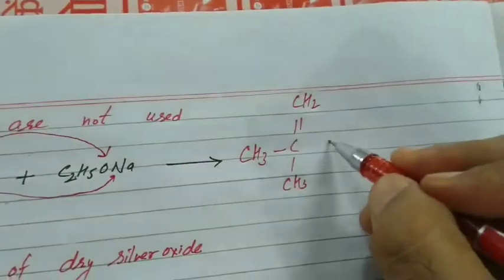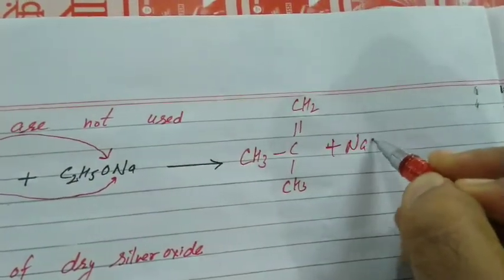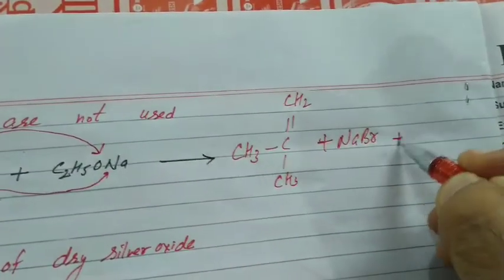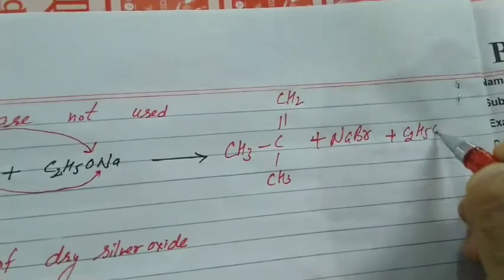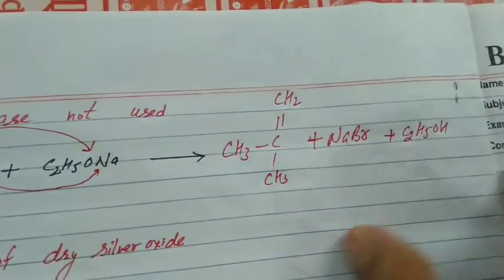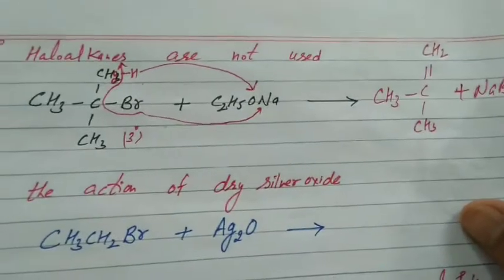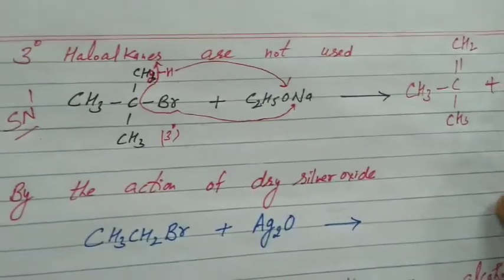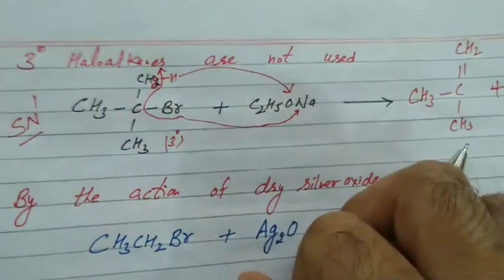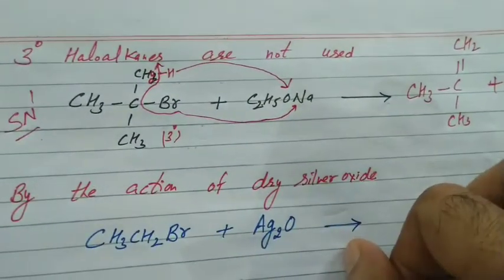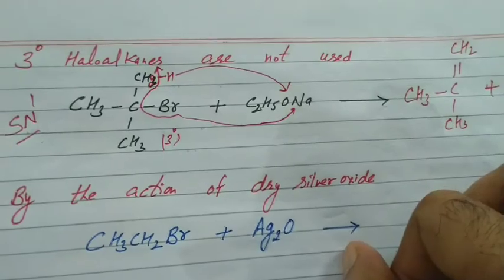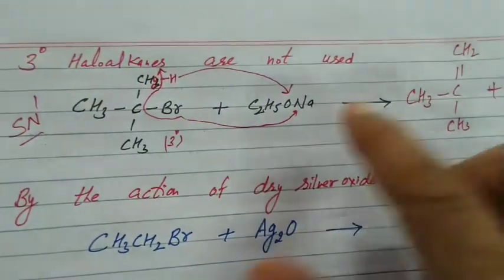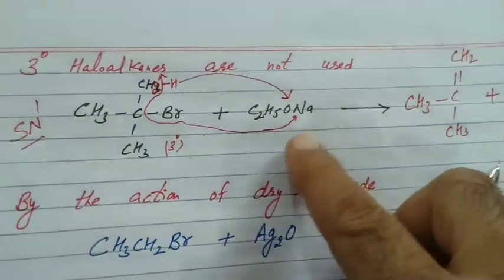We get alkene plus NaBr plus C2H5OH. Williamson synthesis reaction, ethers are prepared. First limitation, we can't use haloarenes, and second, the 3 degree haloalkanes are also not used because they give alkene. They undergo dehydrohalogenation reaction. I hope the concept is clear, and it's important, students, with respect to your competitive exams.